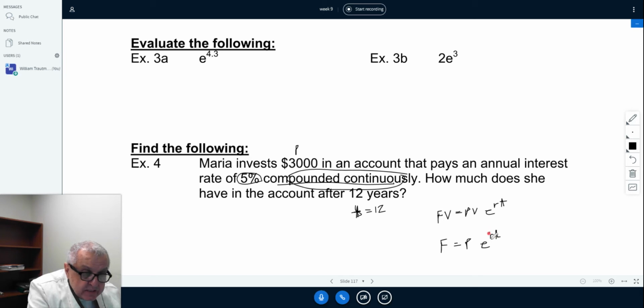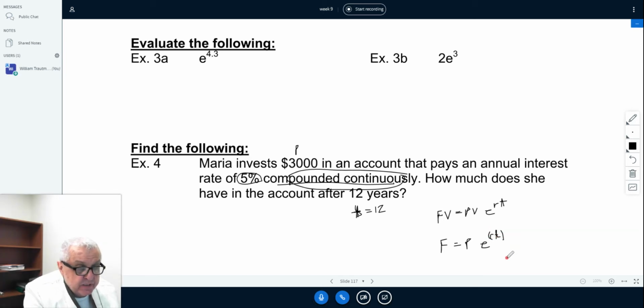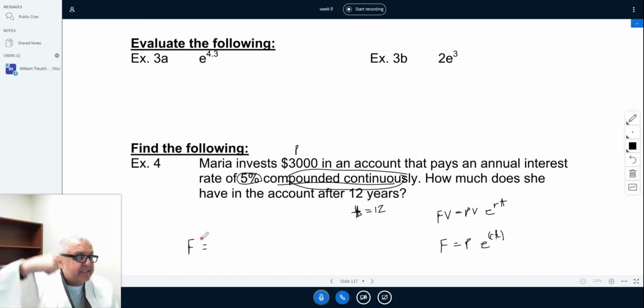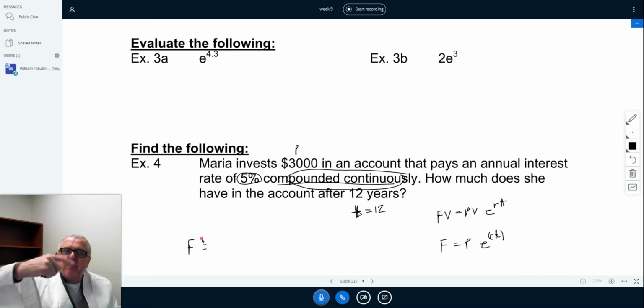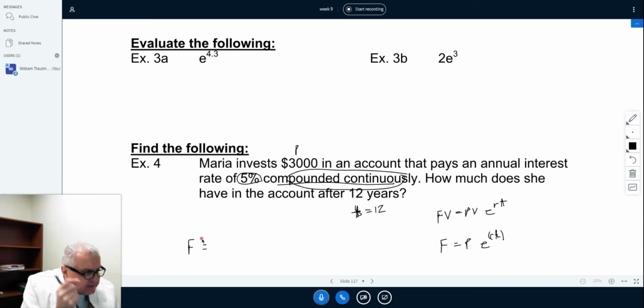And I always put this RT in the power. I always put it in parentheses. So if we want to know how much she has in her account after 12 years. So it's the same $3,000 as up above at 5% interest. We should have a little bit more because the interest is compounding. They're adding money into the account, even though it might be small little pennies, if that, continuously adding money, compounding the interest.